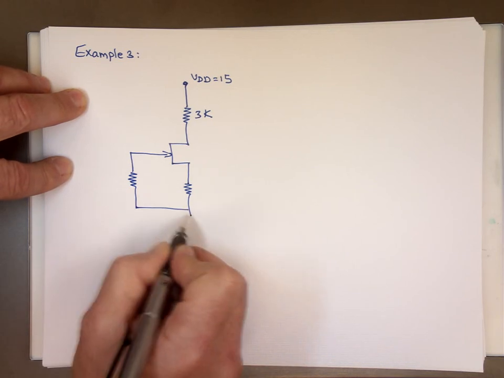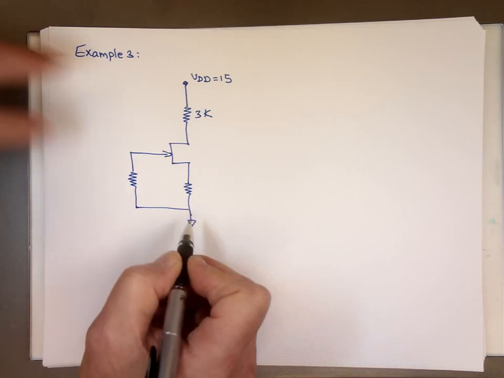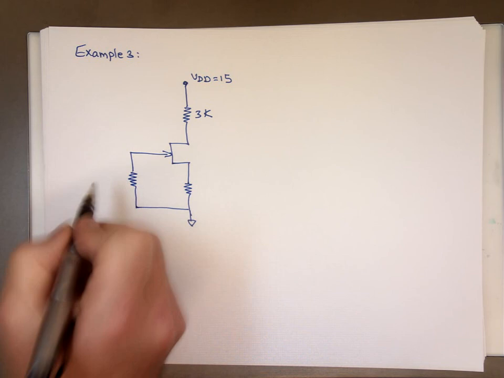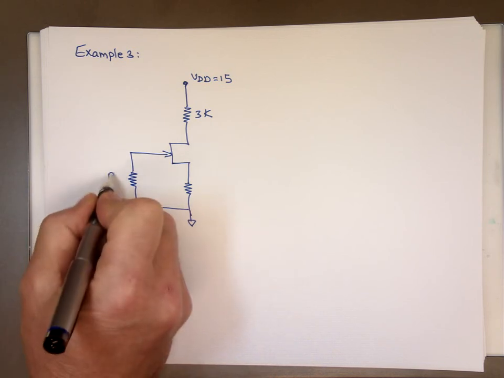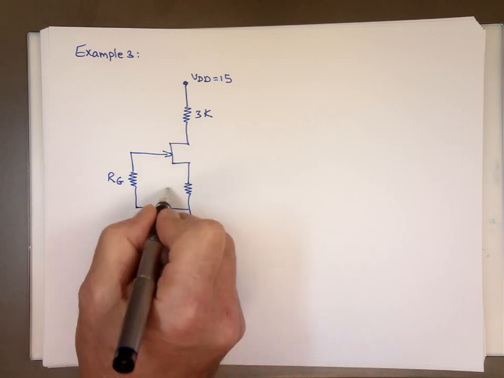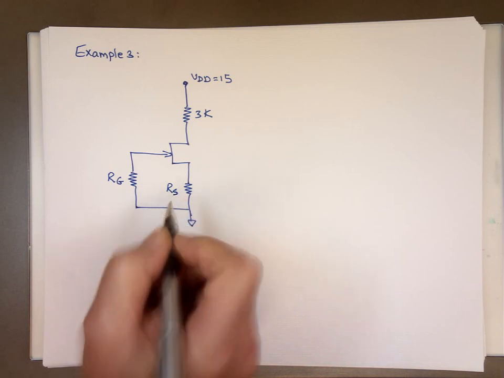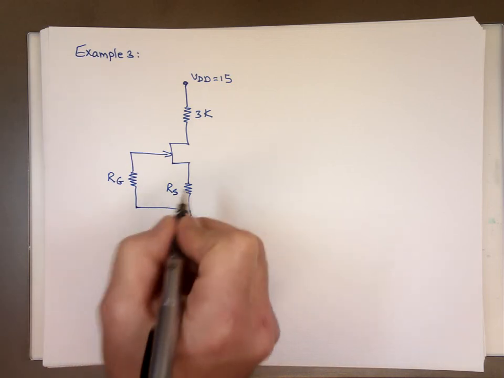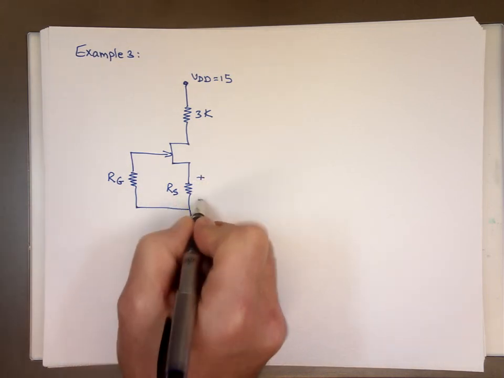I'm not even going to give you a number for these. We'll call this R gate, R sub G, and I'll call this R source. And let's assume the voltage right here is plus to minus 2 volts.